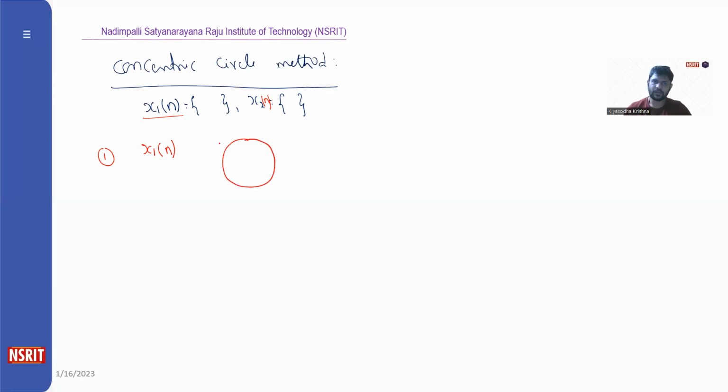and on this outermost circle, you write the x1 values in an anti-clockwise direction. Anti-clockwise direction, that is the most important point. So arrange x1 of n anti-clockwise on the outermost circle.